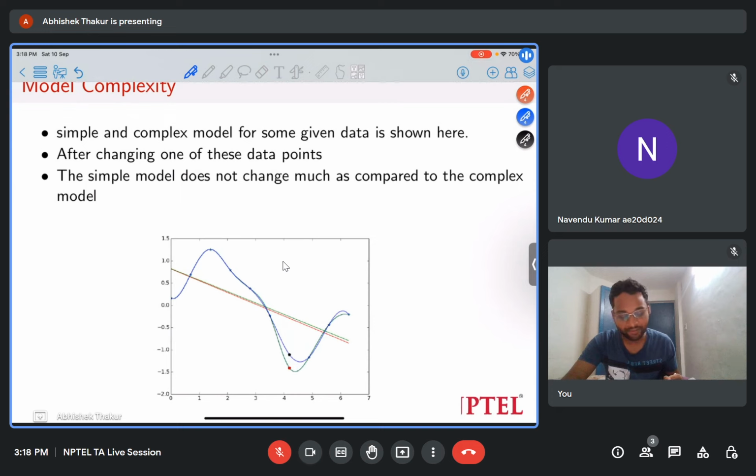So let's suppose just one data point is changed here. You can see, after that, what happened? The simple model does not change.